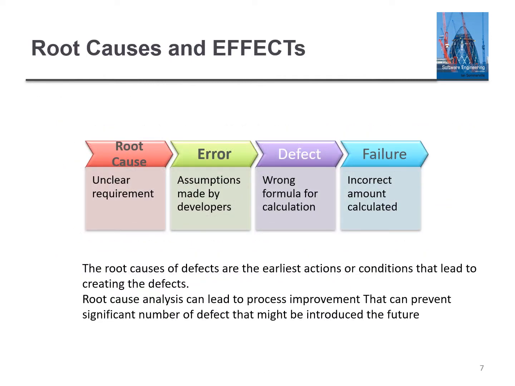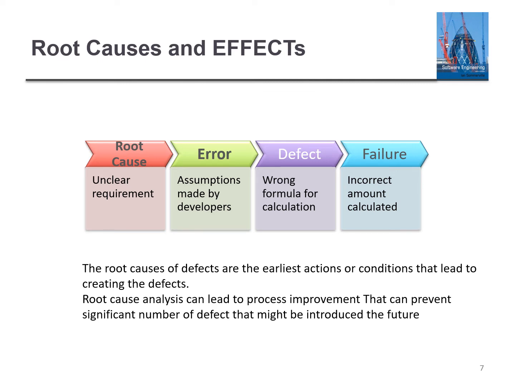Just to introduce you to some terms used when you are doing software testing. Just now you saw defect, right? So actually, before you reach defect, it started with the root cause. Root cause is basically the origin, the starting point where the defect or failure can happen.